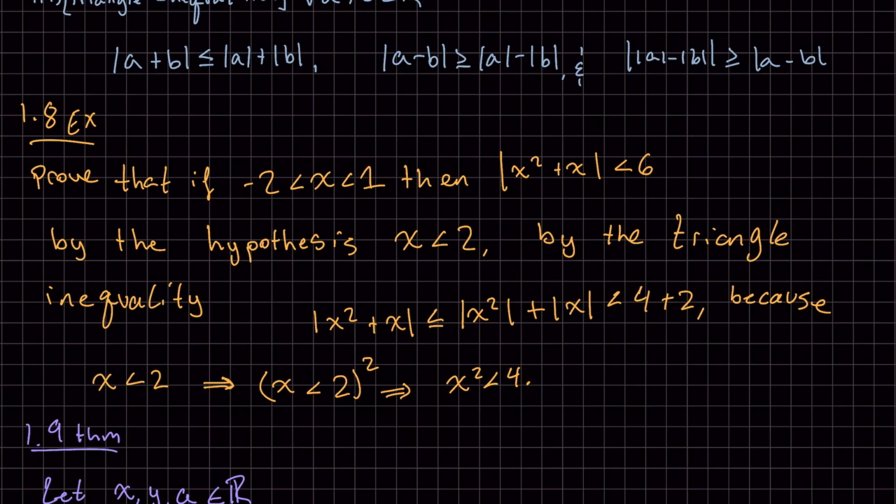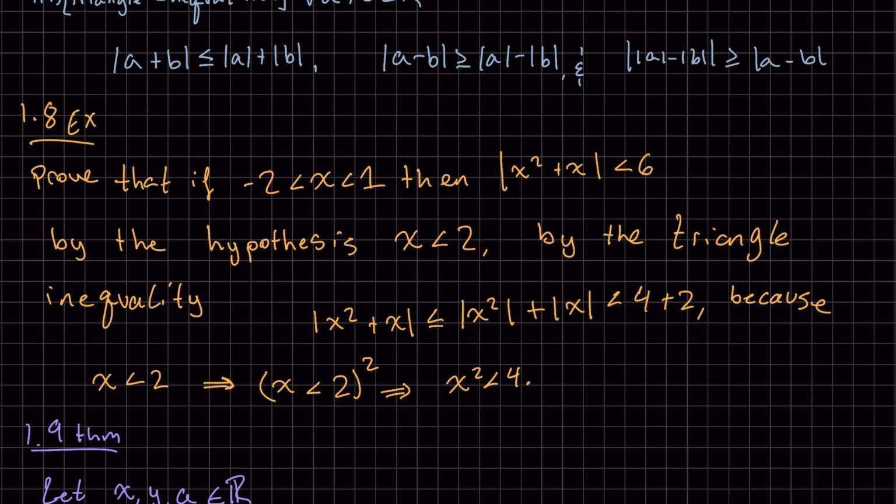And then by the triangle inequality, which is that third one there, the absolute value of x squared plus x has to be less than or equal to the absolute value of x squared plus the absolute value of x, which we know is less than 4 plus 2 because the absolute value of x is less than 2 strictly, so x squared is less than 4 strictly. So we have the absolute value of x squared, which has to be less than 4, plus the absolute value of x, which has to be less than 2.